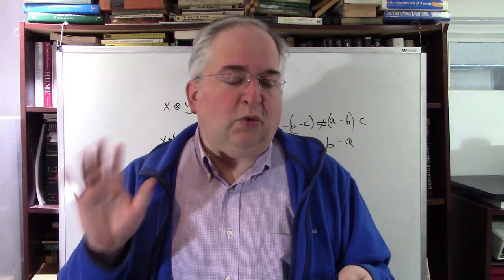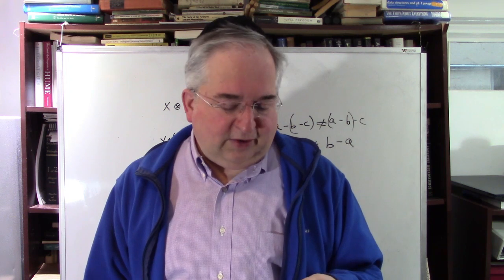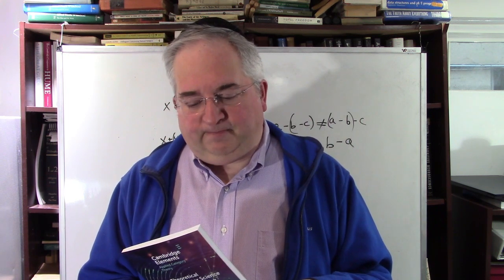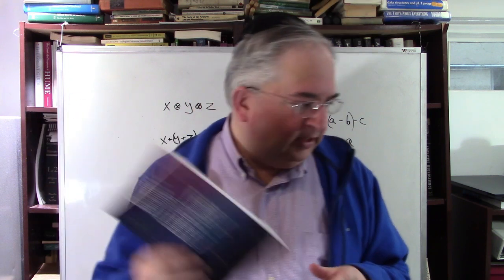You can learn a lot even without knowing theoretical computer science. But it's absolutely amazing how many theorems and ideas can come across using the language of category theory and monoidal categories. Okay, and it's all done in this book.